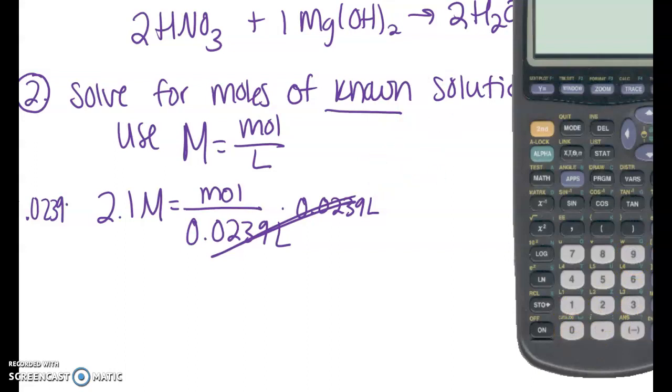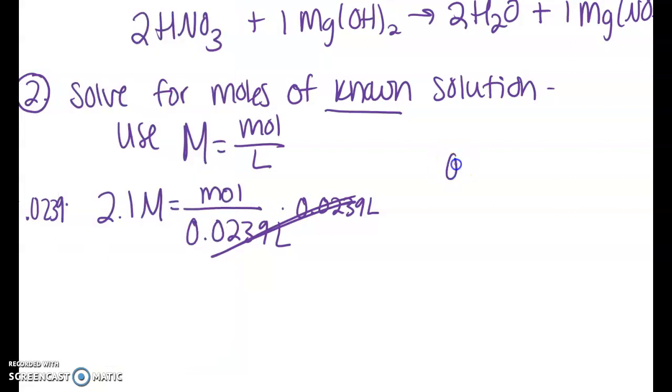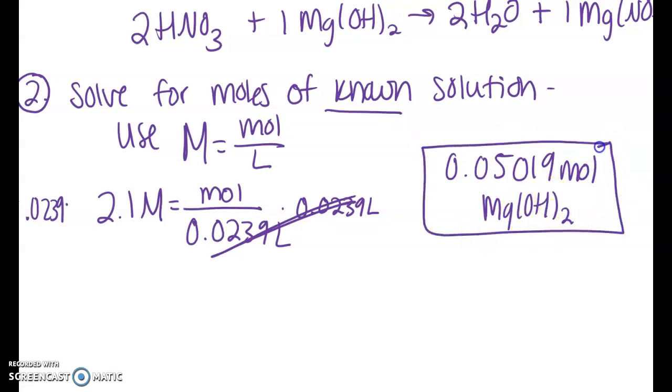I get 0.05019. And you don't really want to round right now. You want to round at the very end because we still have a couple more steps we need to accomplish. So number of moles, 0.05019 moles of Mg(OH)2. Okay. So that's how many moles of magnesium hydroxide reacted.